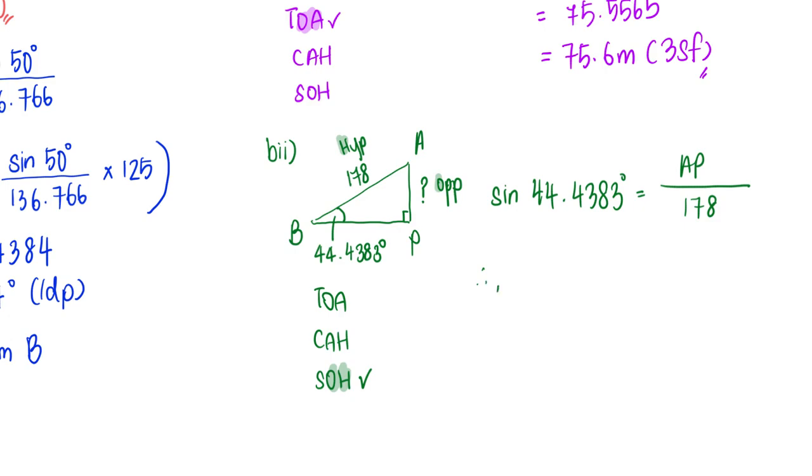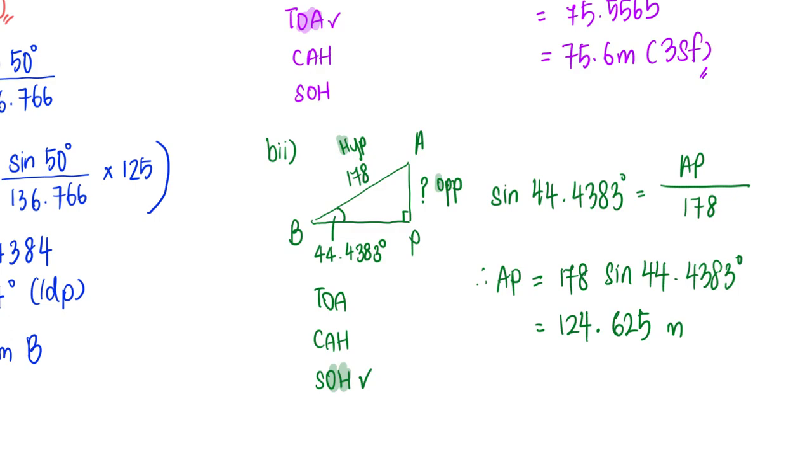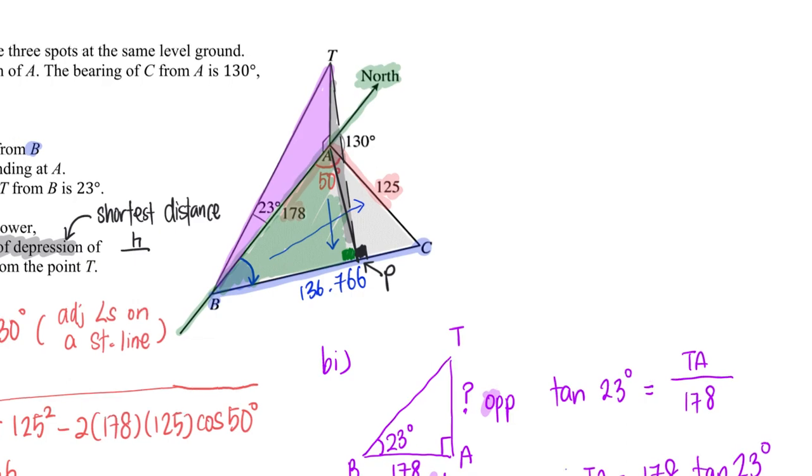So therefore, I will be able to get my length AP. This is important, which is multiplying by 178 on both sides. This will give me a value of 124.625 to 6 significant figures.